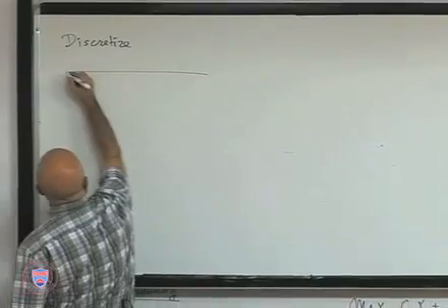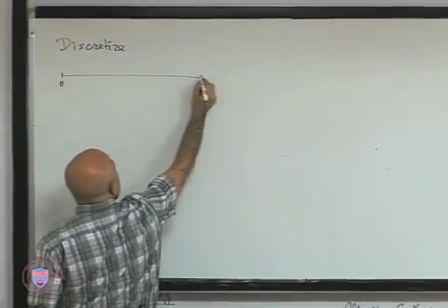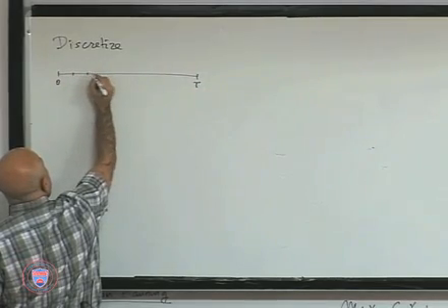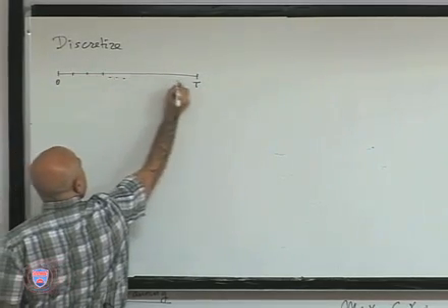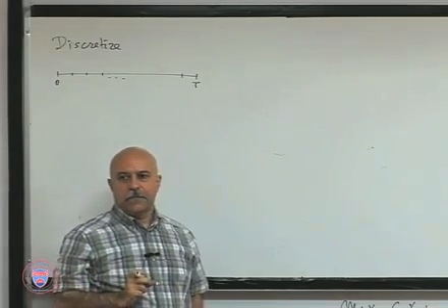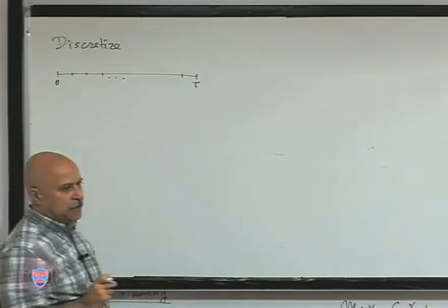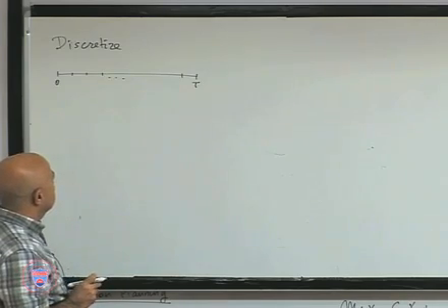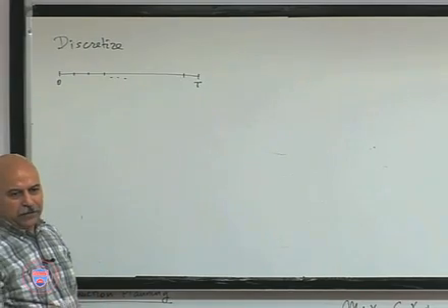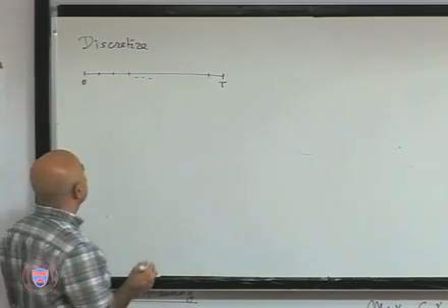We take the time horizon and we divide it into, say, equal length slots or segments. They don't have to be equal length. Nevertheless, let's just do it equal.